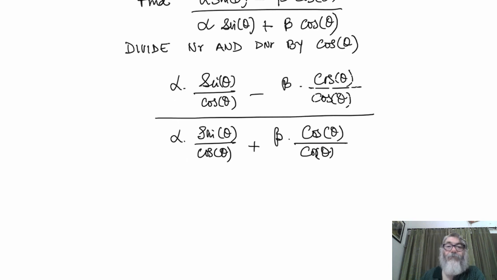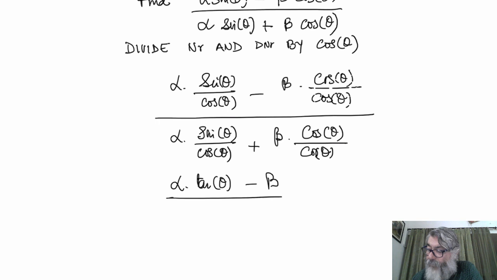Now let us see what we get. We'll get alpha tan theta minus beta upon alpha tan theta plus beta, since sin theta upon cos theta is tan theta.